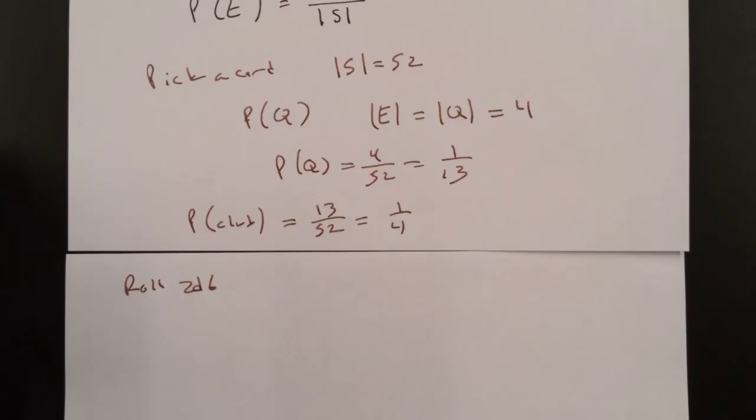Here's my next experiment. Roll 2 6-sided dice, 2d6. What is the chance you roll an odd total?